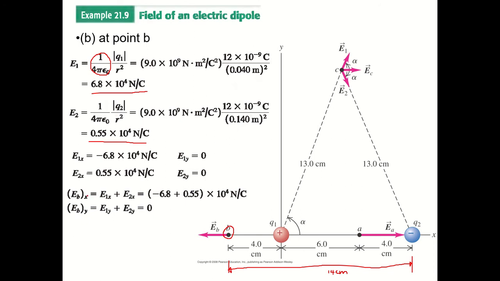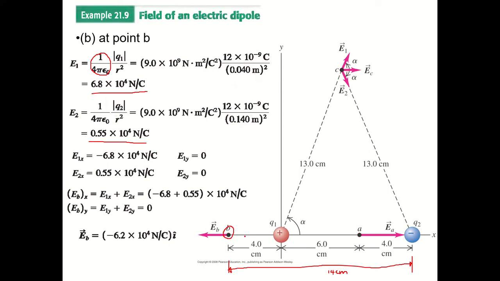Again, the resultant is the sum of all the horizontal components as well as the vertical components, but the vertical component is equal to 0. So the electric field at this point due to these two charges is the negative, because you see, it's going to the left.